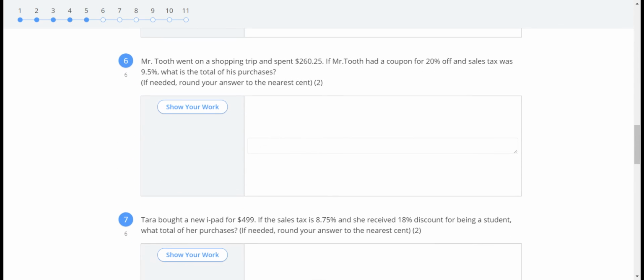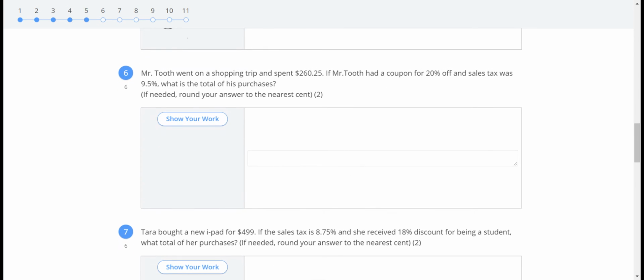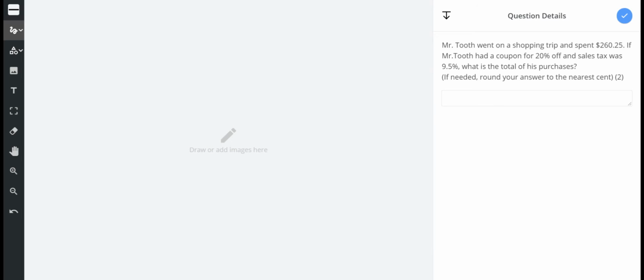Number 6, Mr. Tooth went on a shopping trip and spent $260.25. If Mr. Tooth had a coupon for 20% off and sales tax was 9.5%, what is the total of his purchases? If needed, round your answer to the nearest cent. So he went on a shopping trip and spent $260.25.